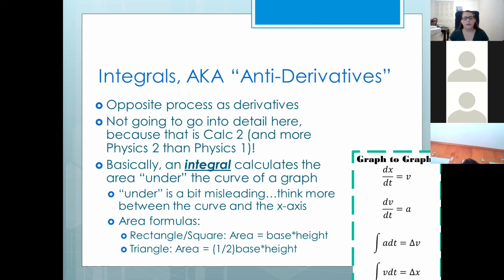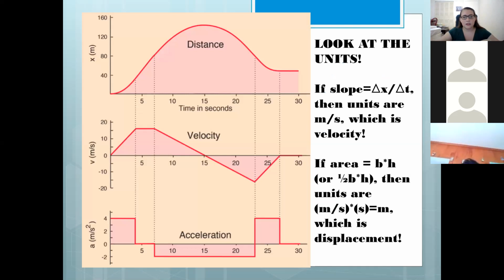So the integral calculates the area under the curve of the graph. And I put that in quotations because that word under is a little bit misleading. And you can see that in the previous slide. Under more refers to the area between the curve and the x-axis. So going back, look at the velocity graph.